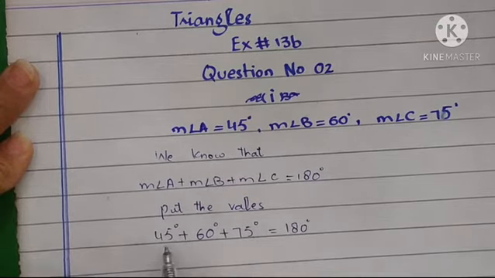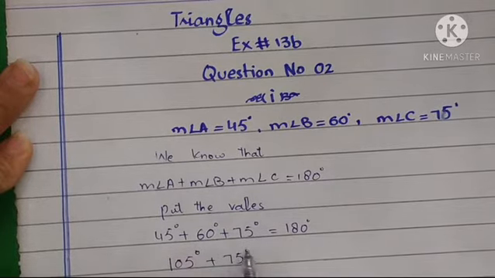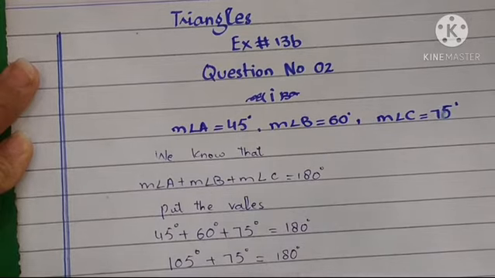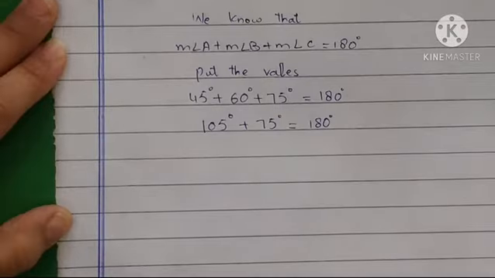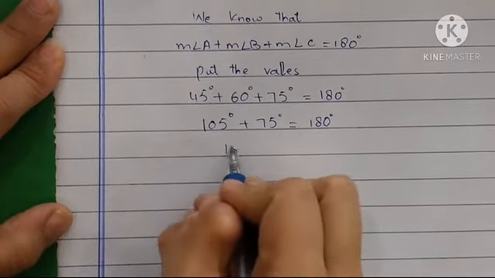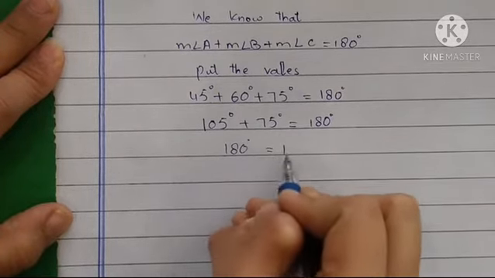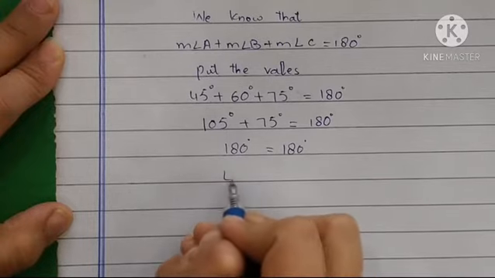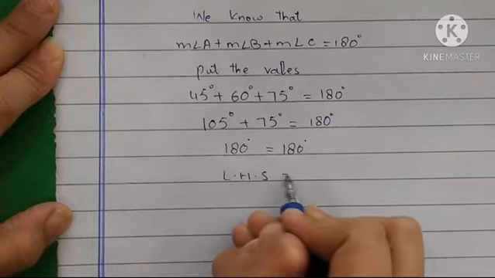Now, we will add them. When we add 45 plus 60, we get 105 degrees, plus 75 degrees is equal to 180 degrees. Now, when we add these two values, we get 180 degrees is equal to 180 degrees. So, left hand side is equal to right hand side.